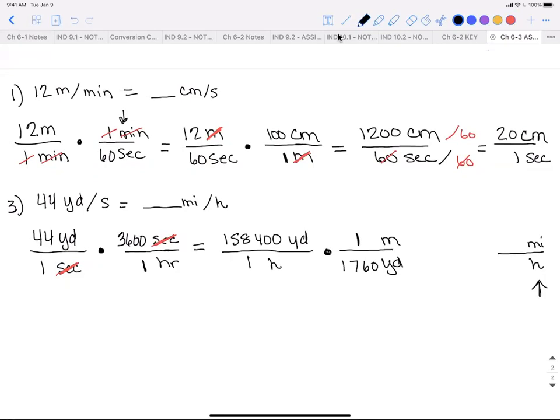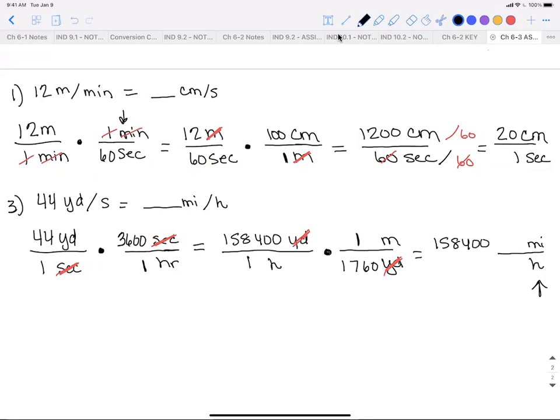All right. Now, what cancels out? Yard and yard cancel out. Nothing else cancels out. So I'm ready to multiply across the top. My big number times 1 just stays 158,400.